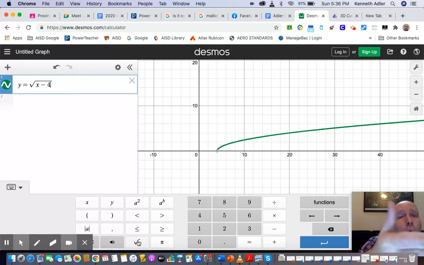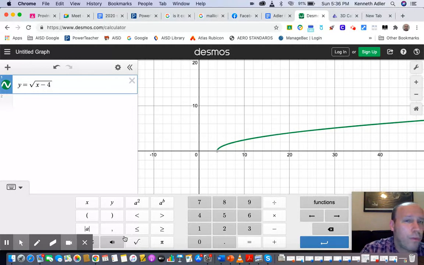When we're talking about domain and range for the real plane, I can't have a negative number under the radical. So my domain is x is greater than or equal to 4. I can have 0 in there, I just can't have a negative number. So once again, my domain is restricted for radicals.